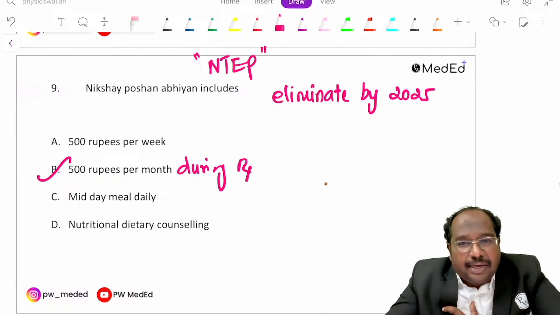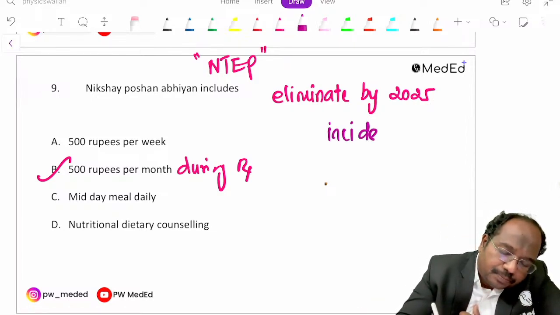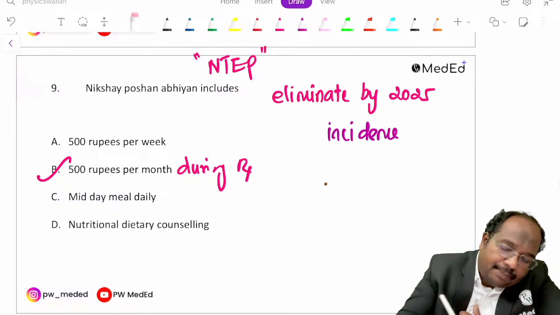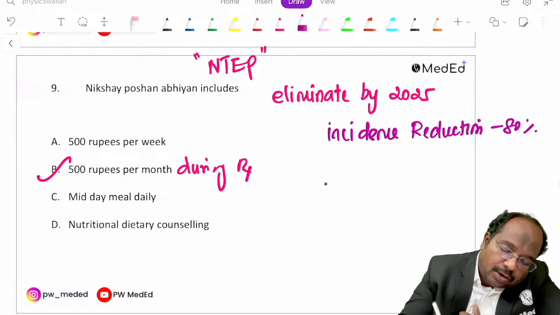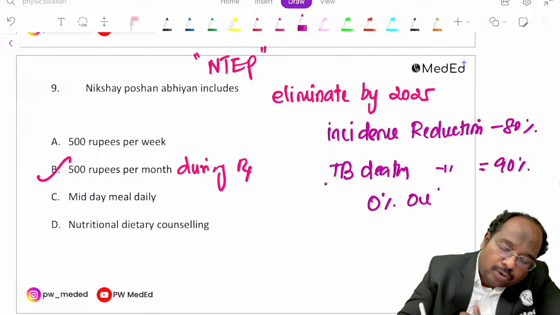So for that we have taken a lot of measures. Our goal is to bring down incidence. Okay, so reduction of incidence by 80%, TB deaths reduction by 90%, and 0% out of pocket expenditure.